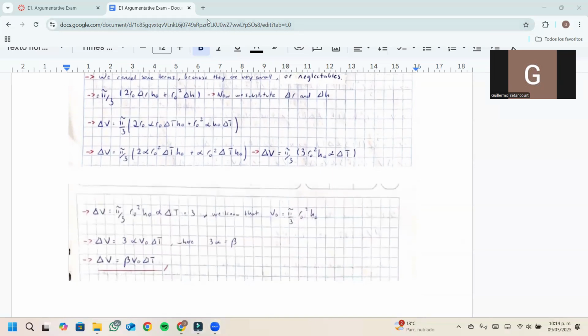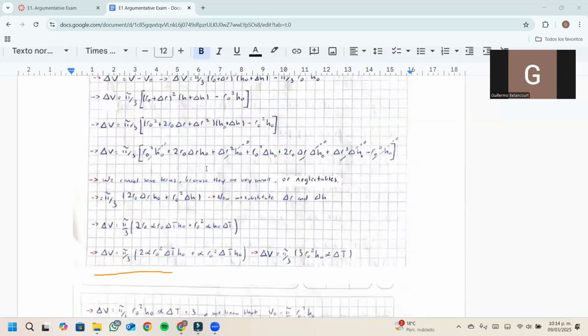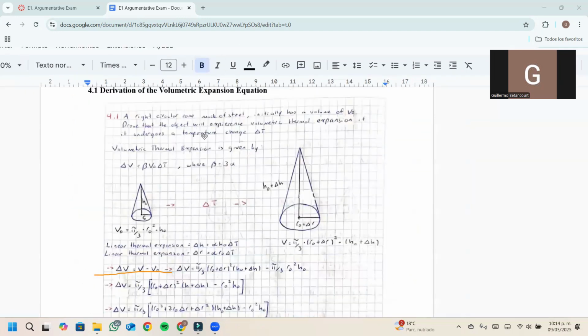Then at the beginning, we were obtaining this formula of initial volume, which repeats right here. So we can only substitute, and then we are given this equation, which represents that the object will experience a volumetric thermal expansion.